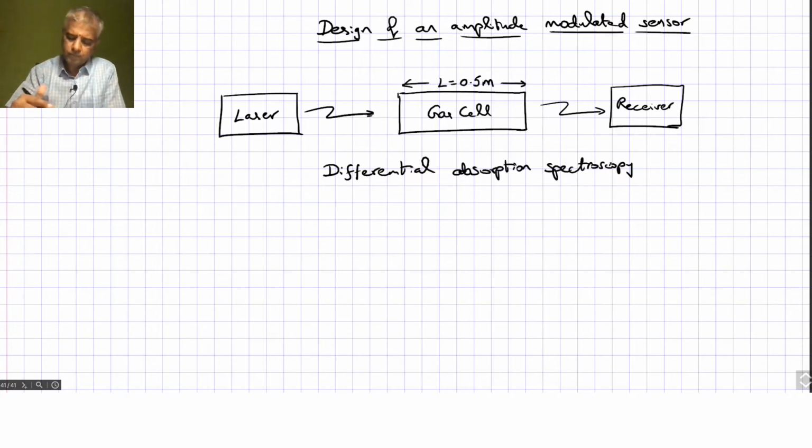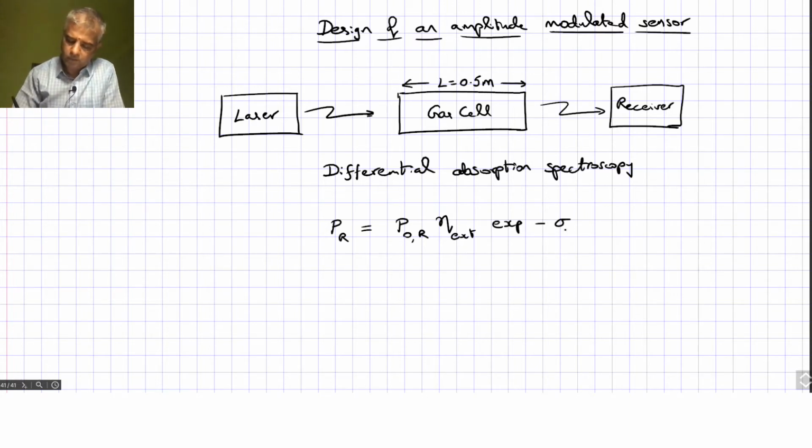So essentially, if you're measuring the power that's transmitted at the resonant wavelength, let's call this P_R, that's going to be equal to P0 of R. That's the power that's incident on the gas cell, and then you undergo some losses. So let's put all these external losses as eta external, and then it's going through an absorption in the cell that's given by Beer's law.